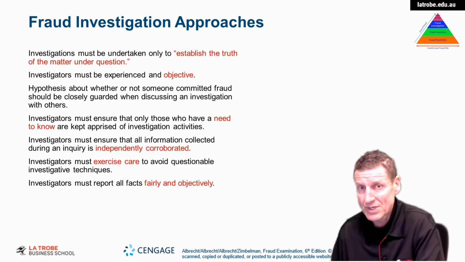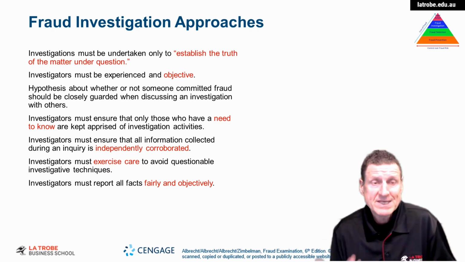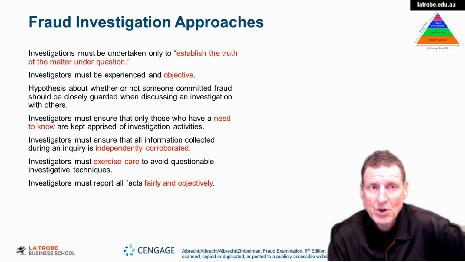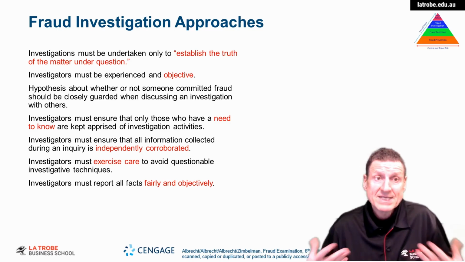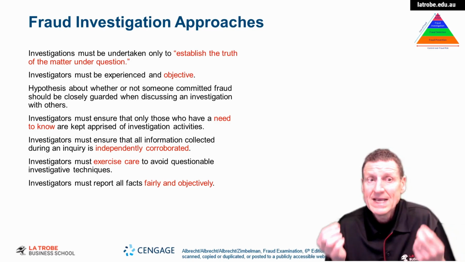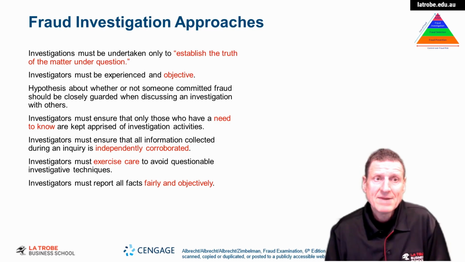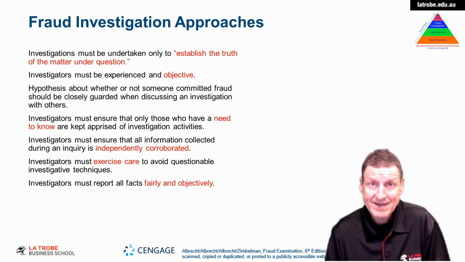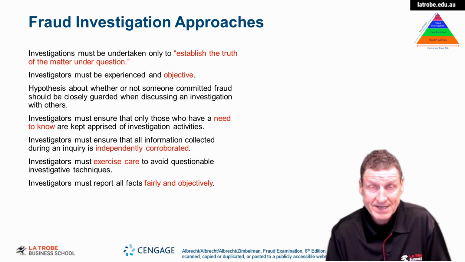So don't put pressure on yourself. You must start somewhere. Investigators must ensure that only those who have a need to know are kept apprised of the investigation activities, that all information collected is independently corroborated, and they must exercise care to avoid questionable investigative techniques. And finally, they must report all facts fairly and objectively.